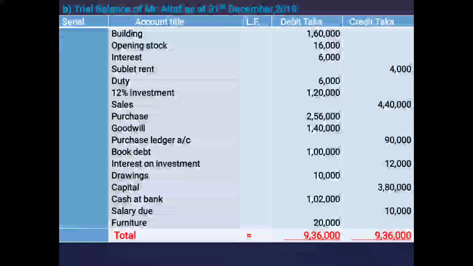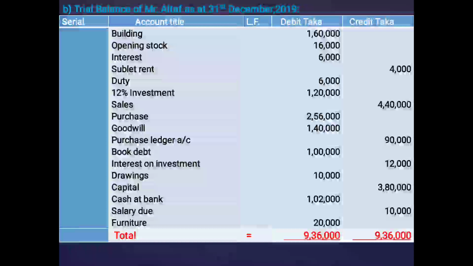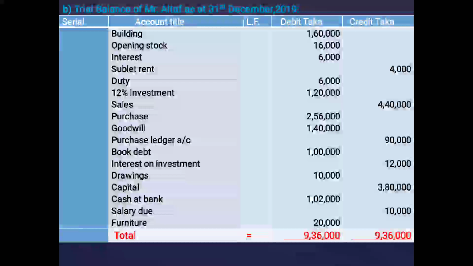Dear learners, I will discuss again the items of balances, how I can treat each and every item of the ledger balances as debit or credit in the trial balance. First one, building.